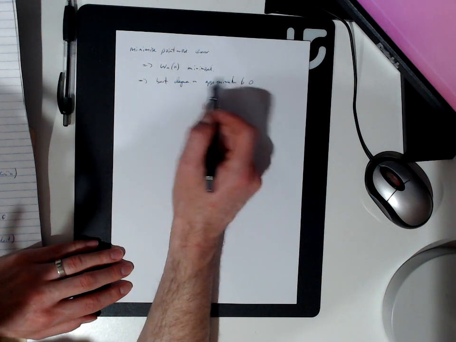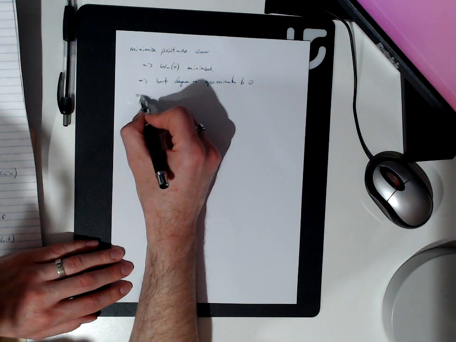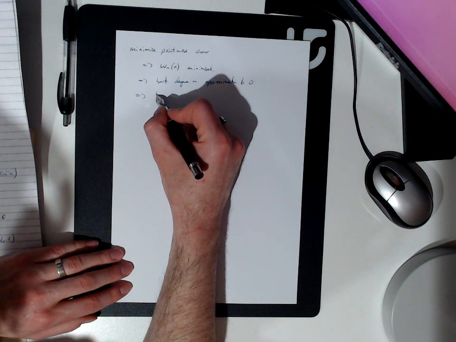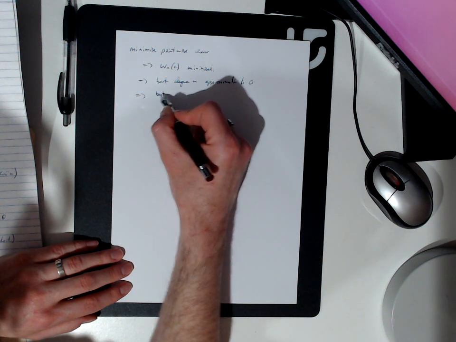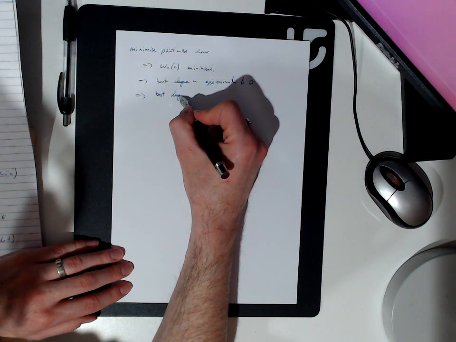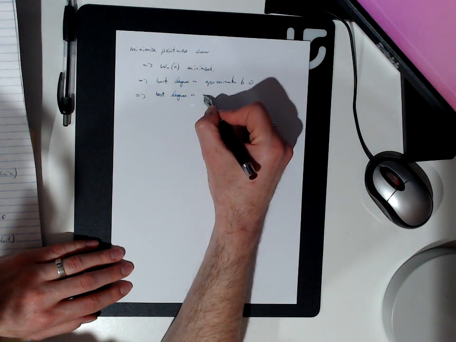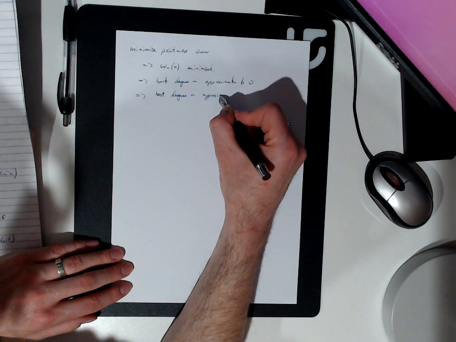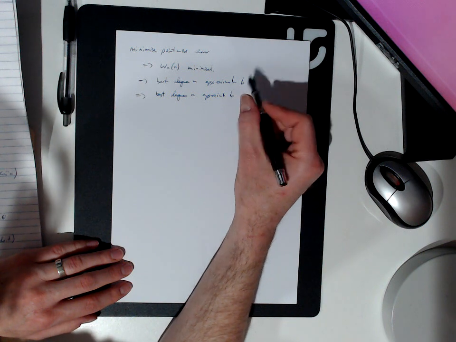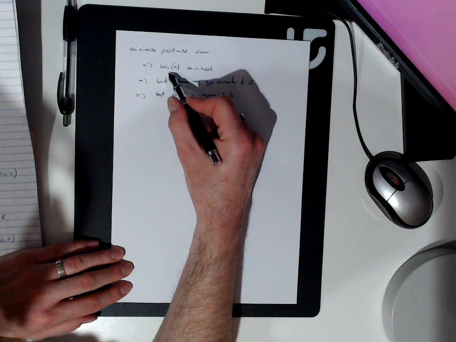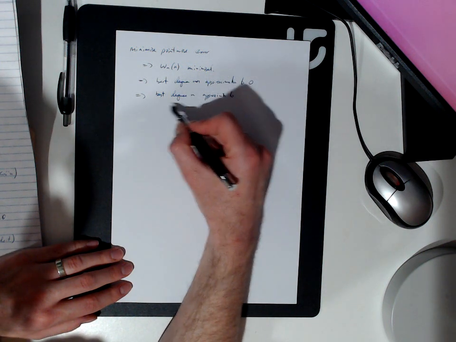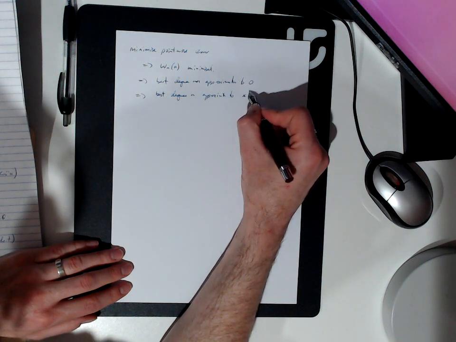So this is a non-zero degree n polynomial, and that's the same as the best degree n approximation to x^(n+1), because omega is degree n plus 1.